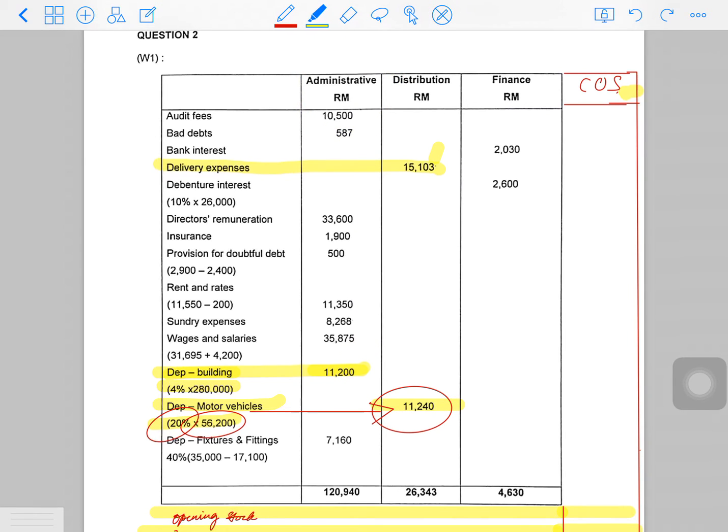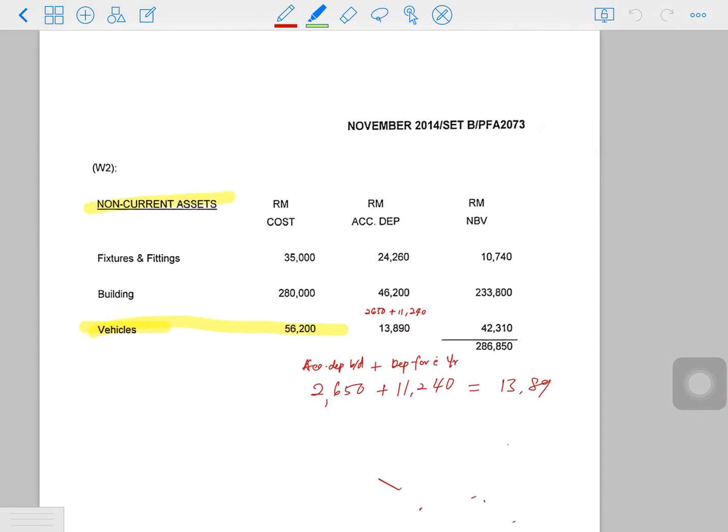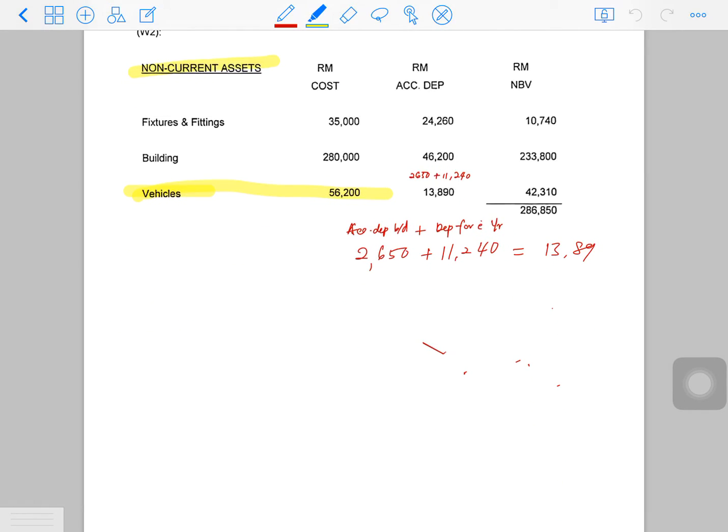Okay, building, put it under administrative expense 11,200, and then credit accumulated depreciation. So you go to the non-current asset working, building. Here you have to find out the accumulated depreciation first.